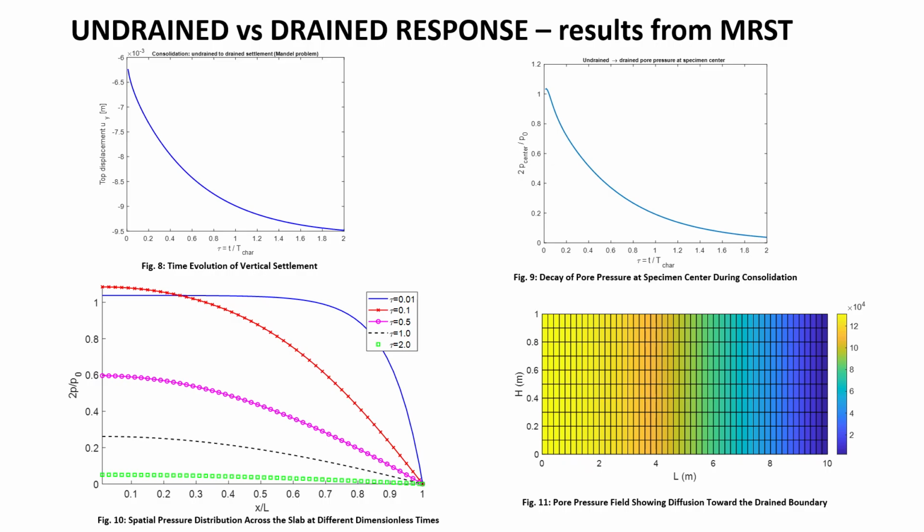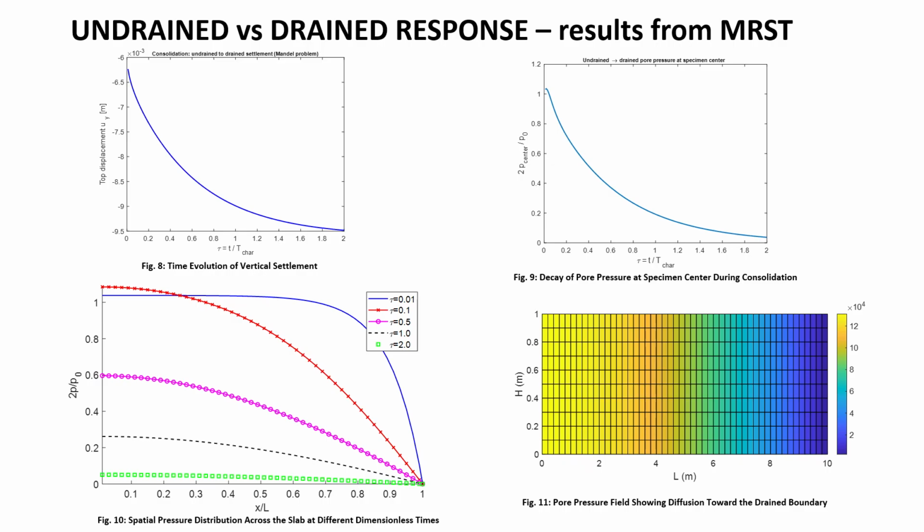This contour plot gives, if you will, a spatial snapshot of the pressure field. Areas in yellow represent regions where pressure is still high, meaning the fluid has not yet drained, but the purple side of the figure shows the right boundary where pressure is 0. So the gradual change in color represents the fluid diffusion fronts moving across the slab as pore pressure redistributes.